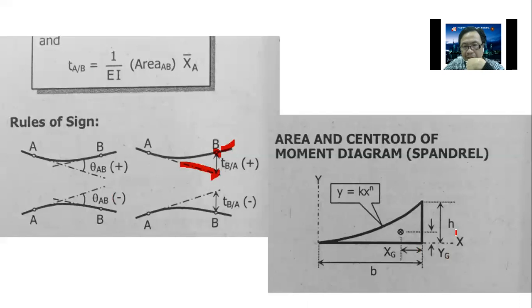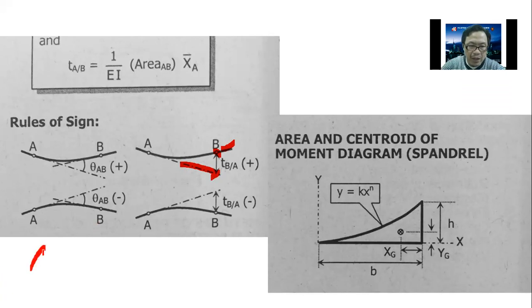So what else? Area of the moment diagram. Remember the area for different figures in the calculation of area and moment of inertia. Usually for the moment, the degree ranges from first to second or sometimes third degree.